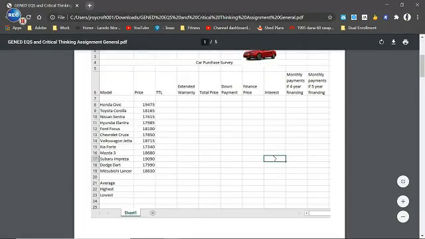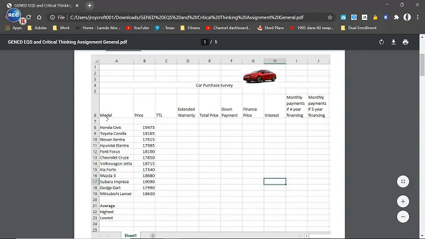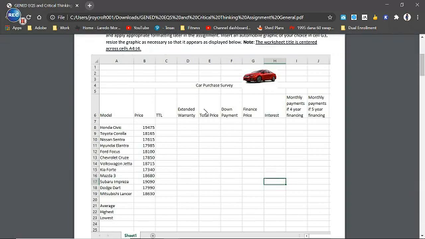First and foremost, you need to type out everything that you have here in the exact same cells. Remember that when you're typing the extended warranty, you see how they're on top of each other? So you would type extended, then hold the Alt key and press Enter, so it can double up in that one cell.